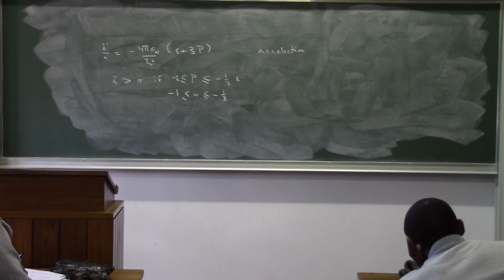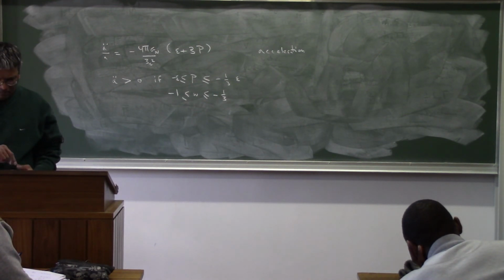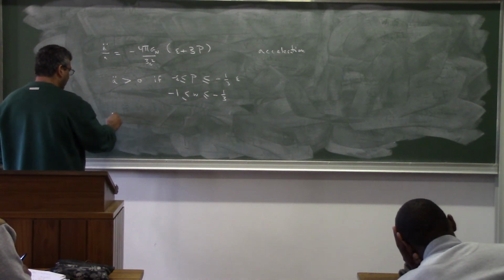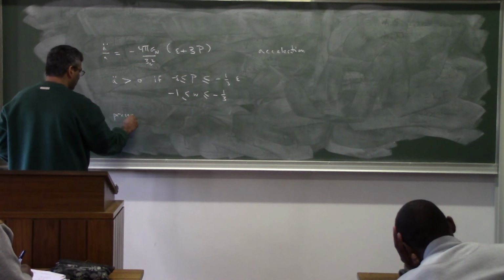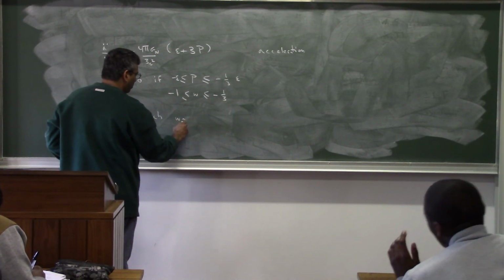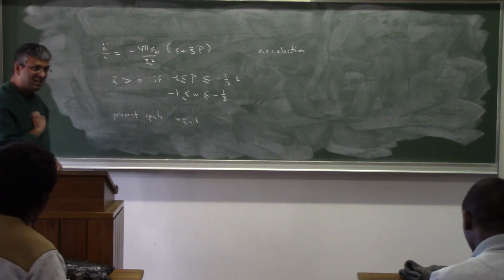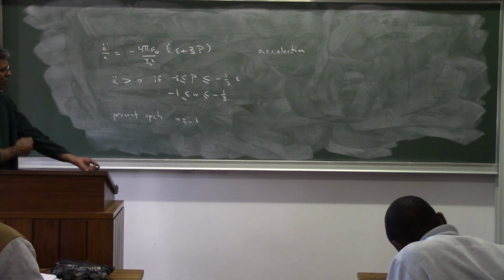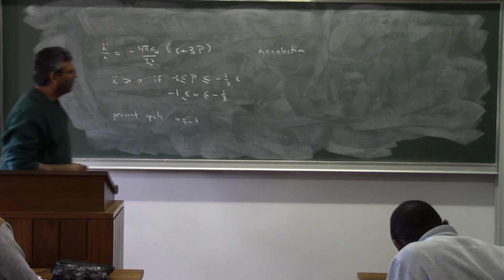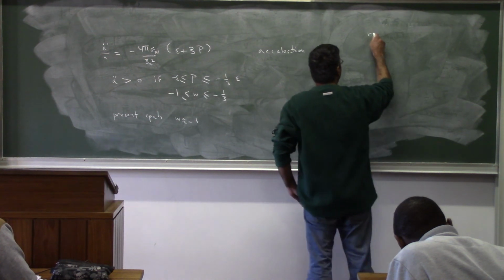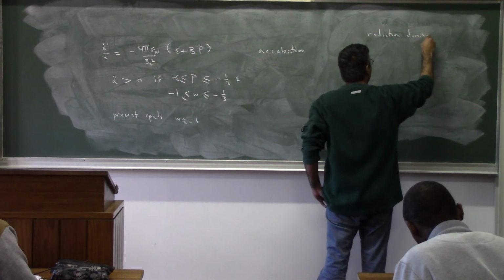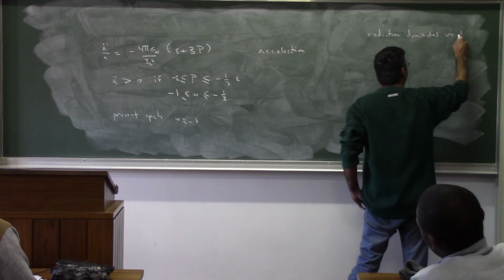In the present epoch, w is approximately minus 1. In the earlier history of the universe, we were radiation dominated, so w was 1/3.